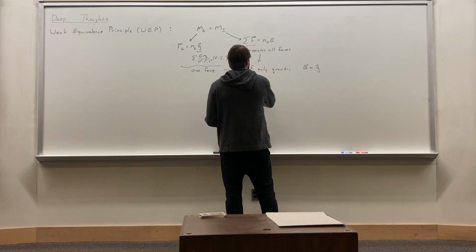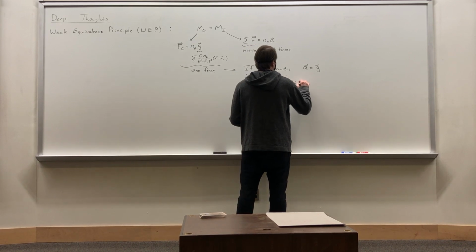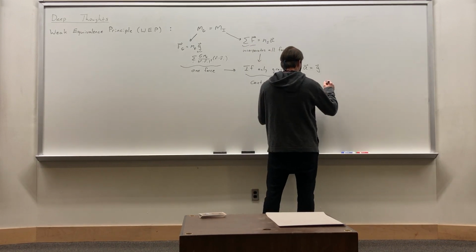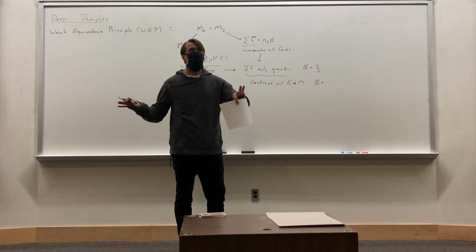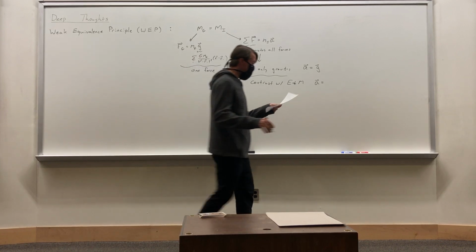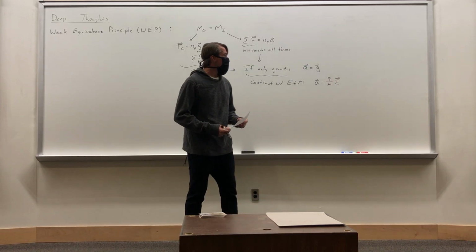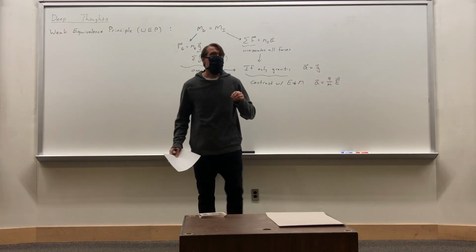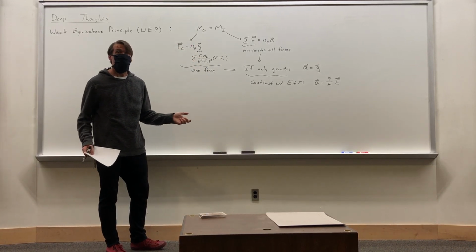Which, of course, we can contrast with E and M, where the acceleration of an object which is only experiencing an electromagnetic force ends up being q over m times E, because charge plays the role in the electromagnetic force that mass plays in the gravitational force.